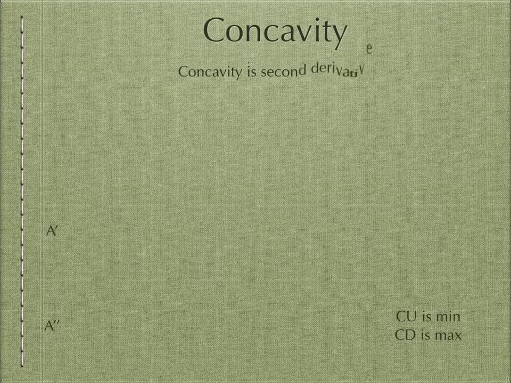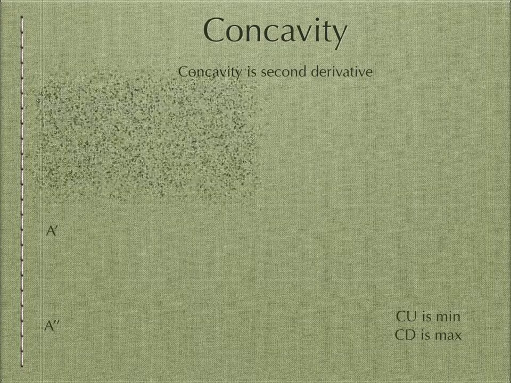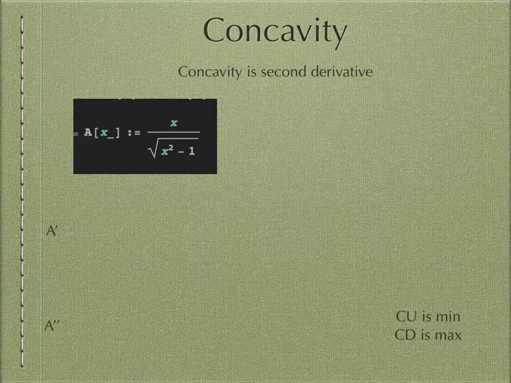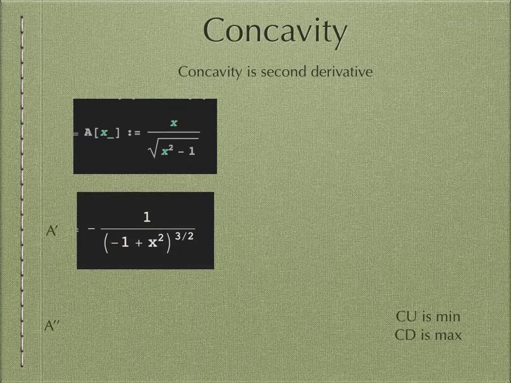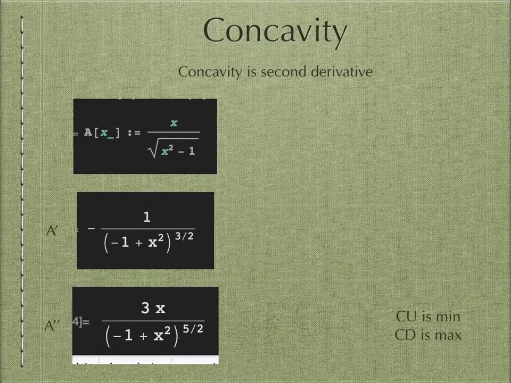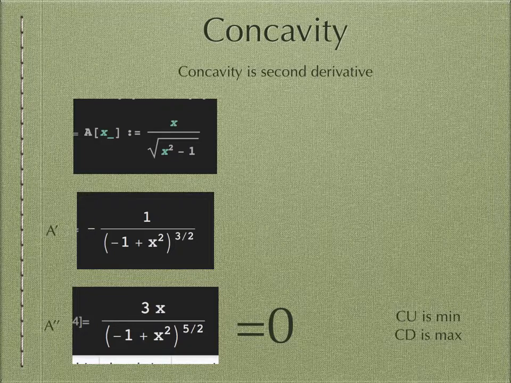Okay, the next one is concavity. Concavity is basically the second derivative. Let's say here's our graph: we find the first derivative, then we find our second derivative and set that equal to 0, and these will be our inflection points.